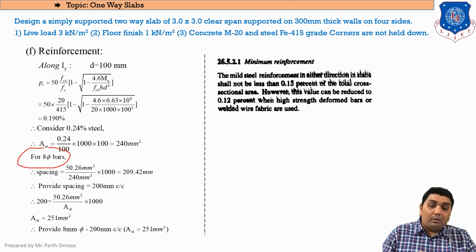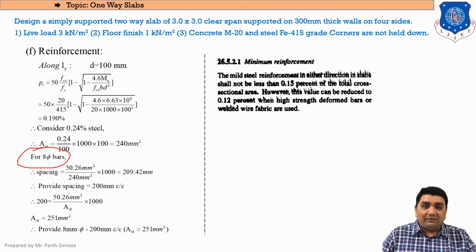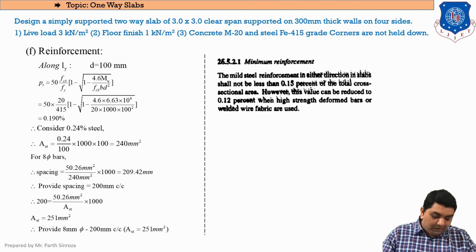Here keep in mind as per our book, it is provided as 8 mm diameter bars. You can also provide 10 mm diameter bars. There is no issue in this case. The spacing will be somewhat different, and if we are getting different spacing, then you need not worry. The answer will be correct, as we are designing and not analyzing. Clear? So you can provide 8 mm, 10 mm, it is up to you.